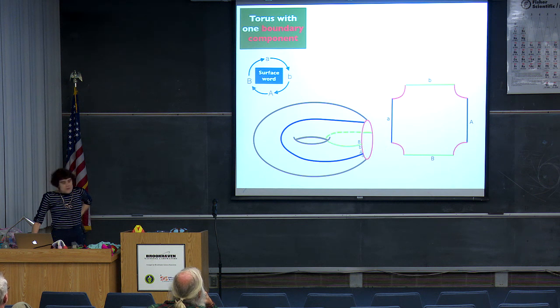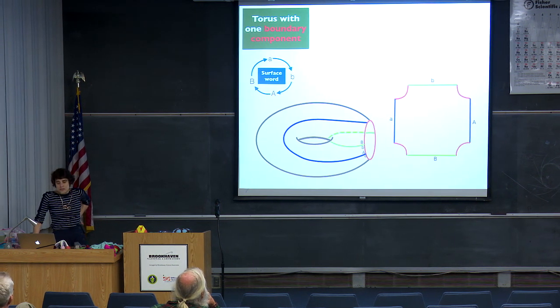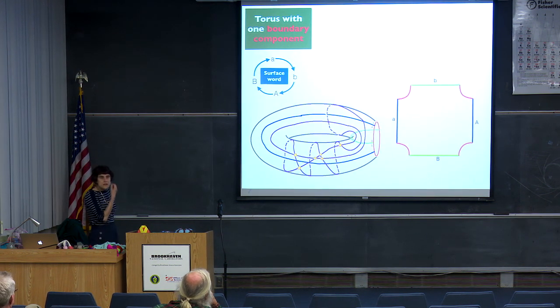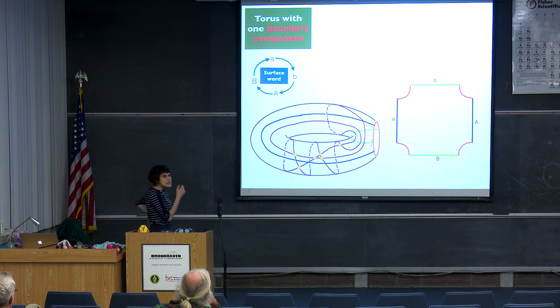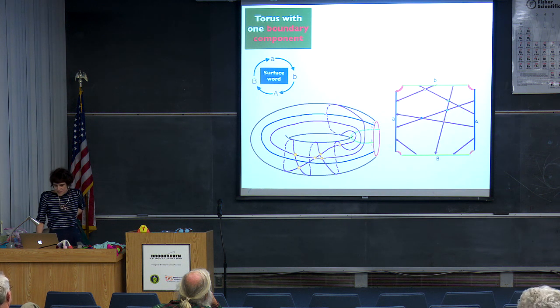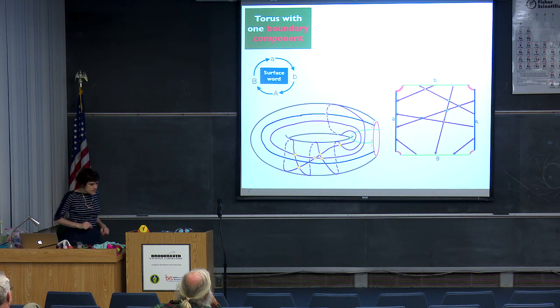So, how are we going to study the curves, say, in this torus with one boundary component? Here we have a curve in purple, and secretly, I want to study the crossings of this curve. I want to describe them combinatorially.